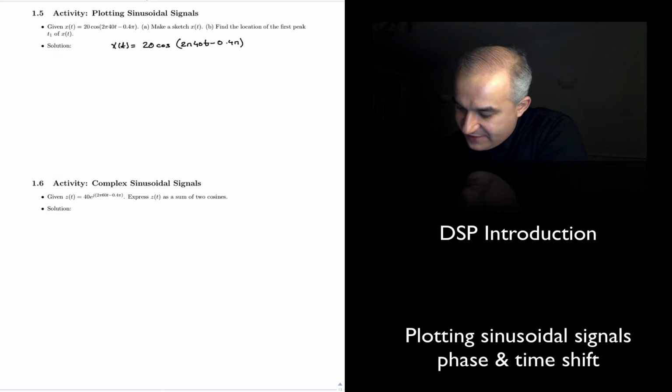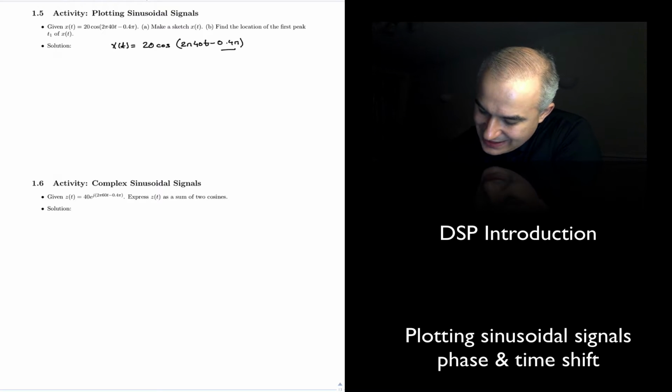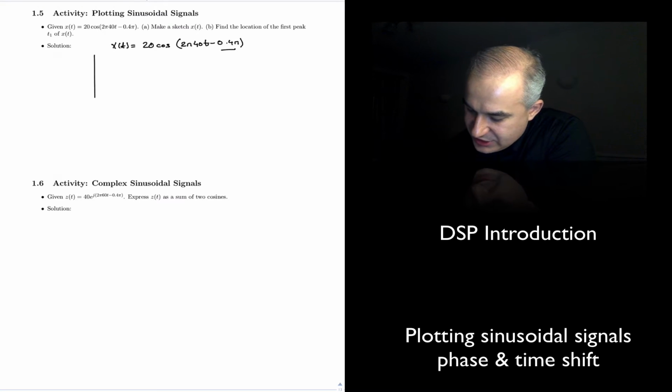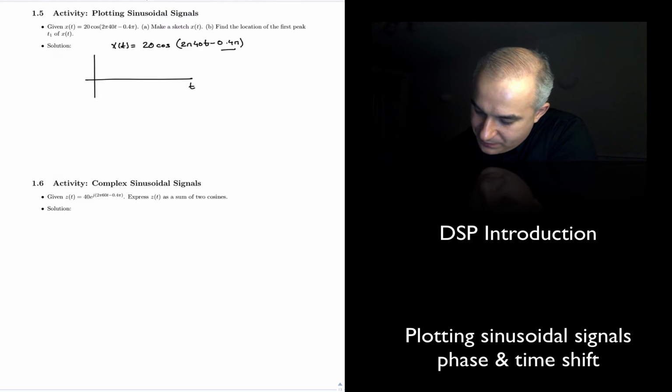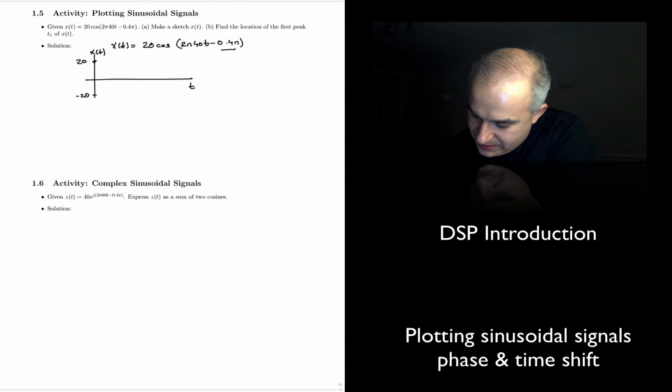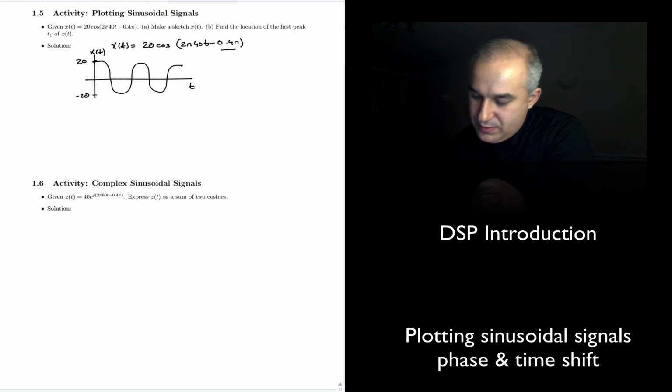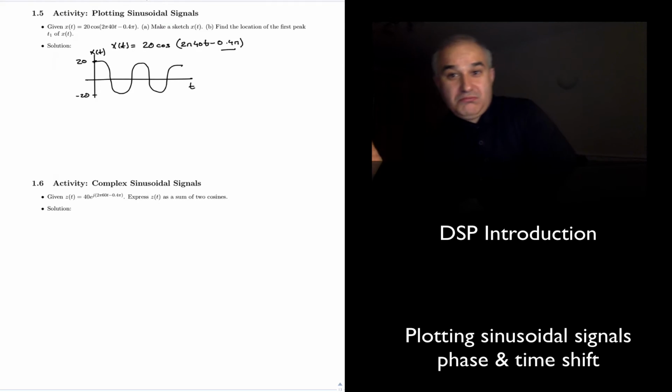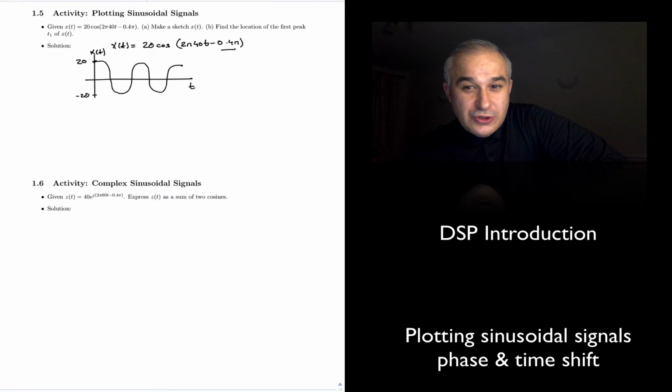Now, if we didn't have a phase shift, a manual sketch of the sinusoid would be quite trivial, right? We would say, okay, if we don't have a phase shift, we have an amplitude of 20 to minus 20, and you have to show that it has 40 cycles in 1 second.